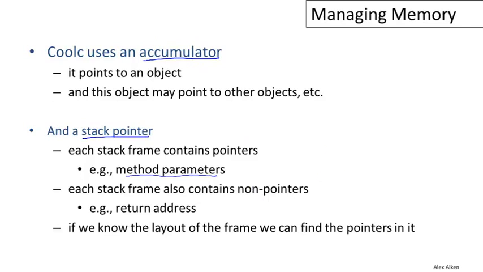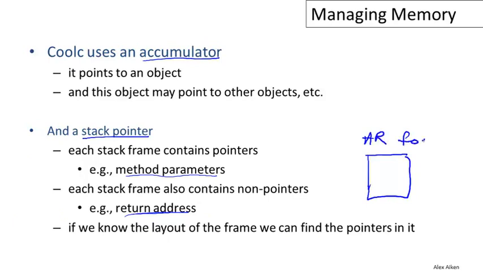All right, so if I think about the layout of each activation record, there would be some mix of pointers in it and non-pointers, things like the return address. So we have to know the layout of the frame. But if we do know the layout, and of course the compiler is deciding on the layout, so it naturally does know the layout, it can find all the pointers in the frame. So essentially the compiler has to keep a record for each kind of activation record it builds for each method.